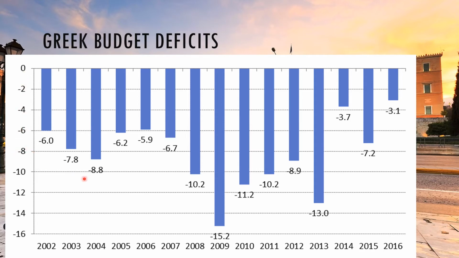So if the Greek economy is 200 billion in size, a deficit of 10% means that government spending was 20 billion euros higher than tax revenues in that particular year. And we can see that there's been accumulation of budget deficits over quite a number of years, and one of the current Greek government targets is in the next couple of years to reach a surplus.